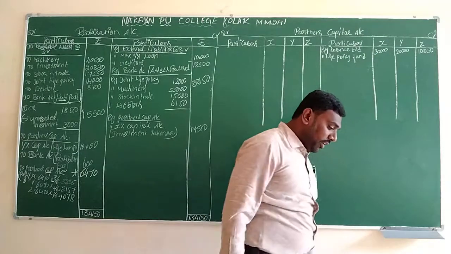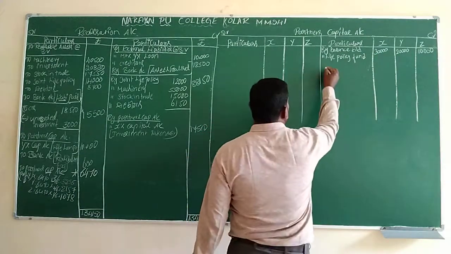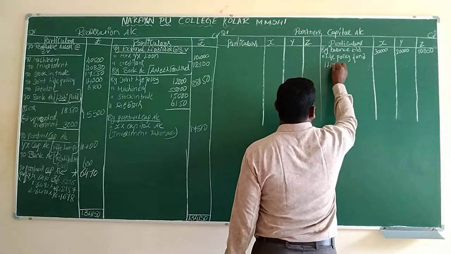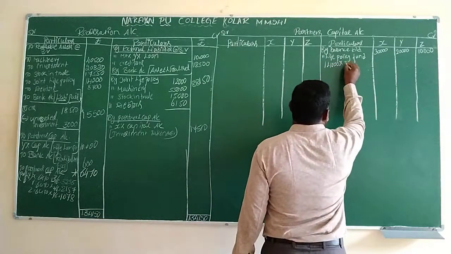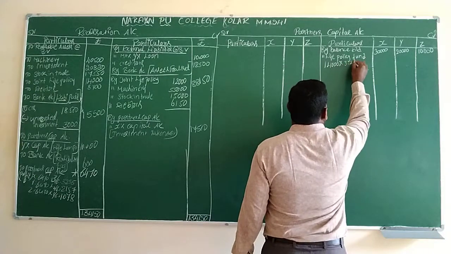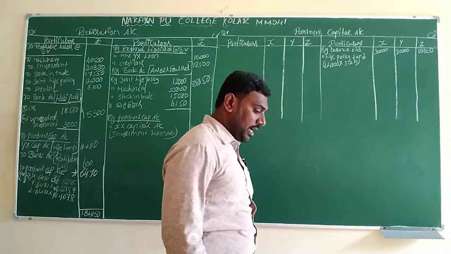What is the value of life policy fund? They are given in the question 14,000. This 14,000 rupees we have to distribute 3:2:1. That is 3/6, 2/6 and 1/6.